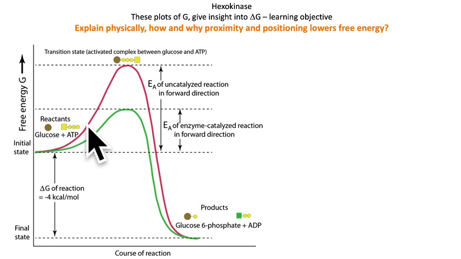And in order to add them, you need to position them precisely. You sometimes add positive and negative charges to lower the energy of the transition state, and bang, you go down. And the energy of glucose 6-phosphate and ADP is less than the energy of glucose plus ATP. Can you explain why that's lower in energy?